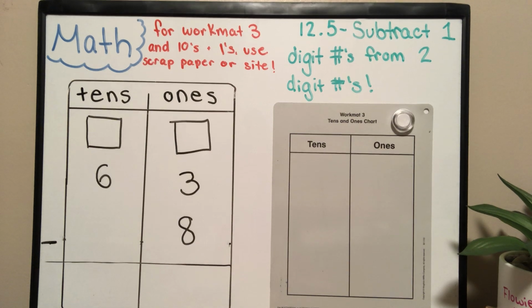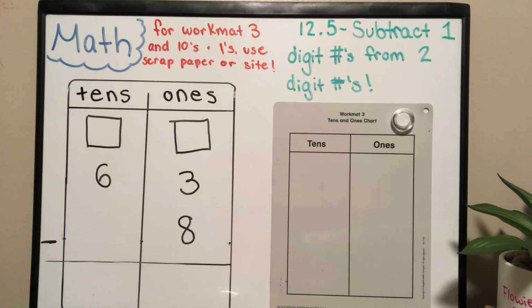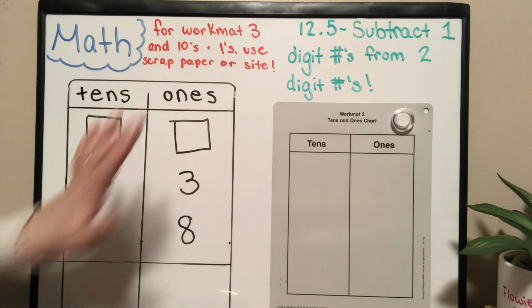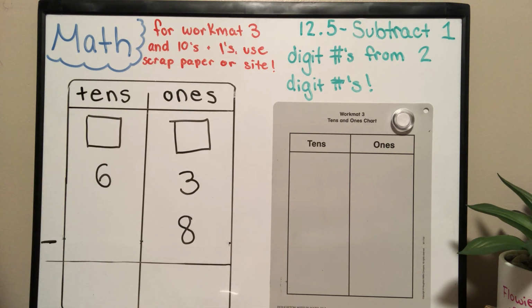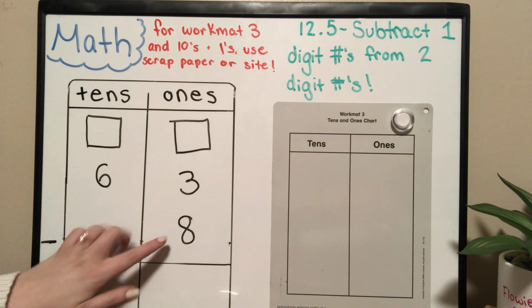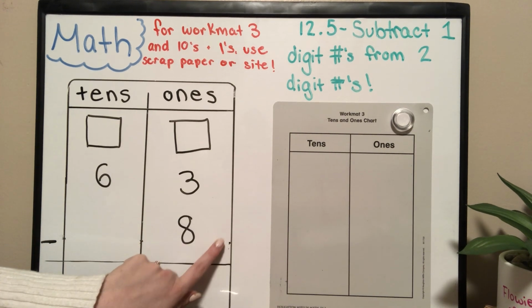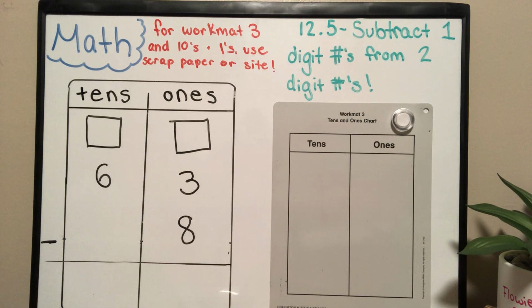Or if you want to just do it all inside of your head, you feel like you got it, great, awesome job. You want to use scrap paper? Great, awesome job. You want to use the website? Great, awesome job. So this tens and ones chart might look a little bit familiar to you. It's the same tens and ones chart that we use when we add numbers together, except for one or two big differences here.